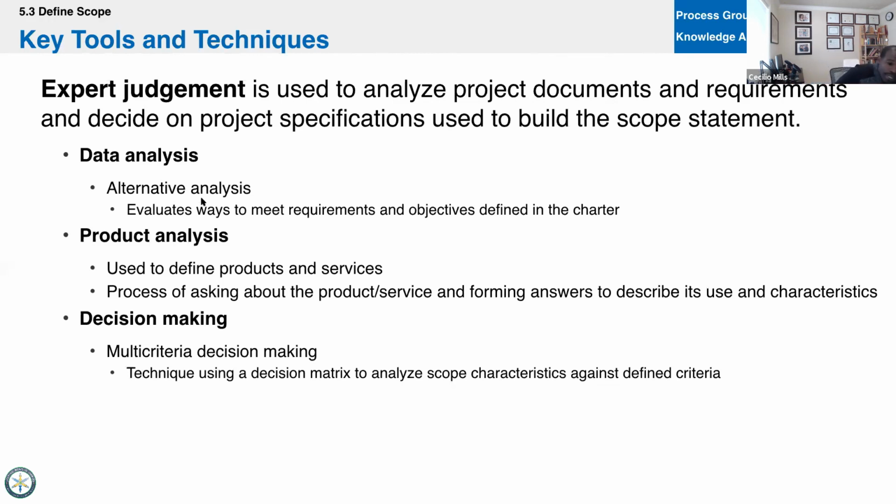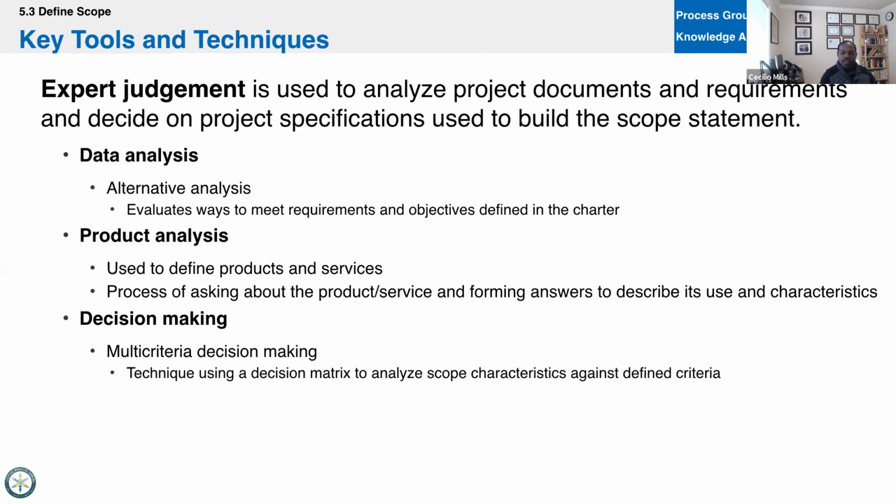That holds true in practical application, right? Can you say that one more time, please? If your project is to create a product, then product analysis is the tool and technique used when defining scope. If your project is to simply perform a service or an upgrade, or it's not to create a product, then the tool and technique you'll use when developing your scope statement will be data analysis, alternatives analysis.